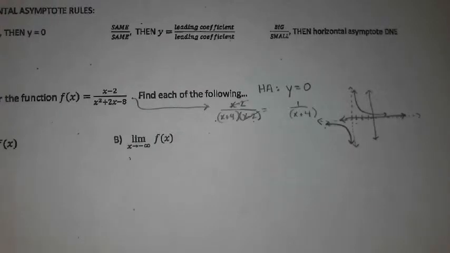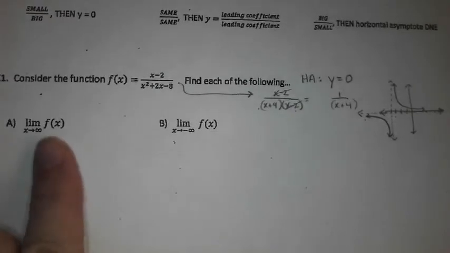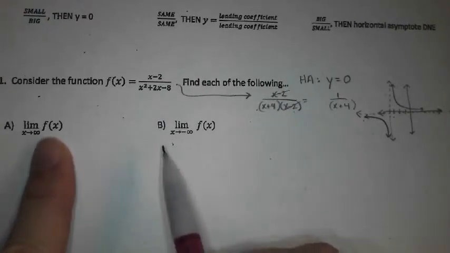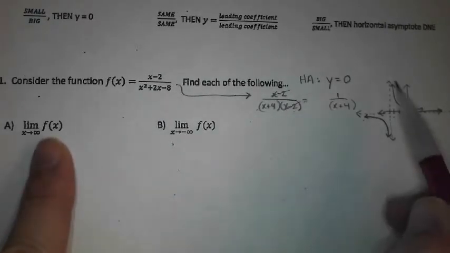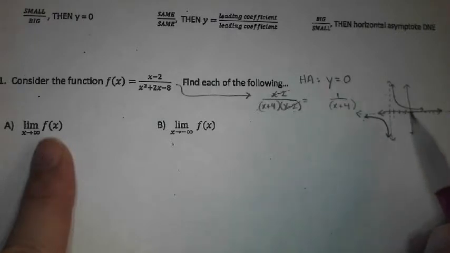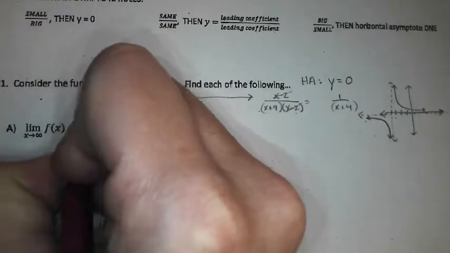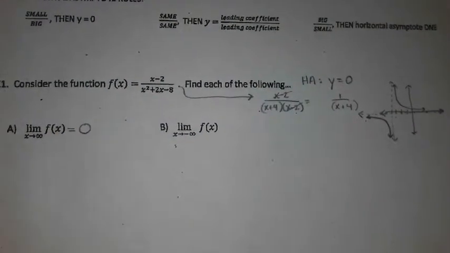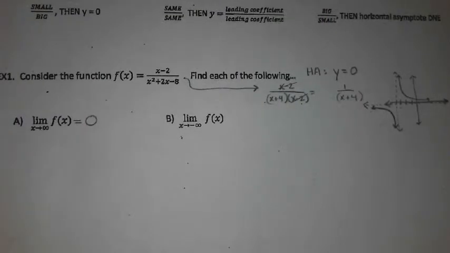And so as we approach infinity, see, we're not approaching the vertical asymptote anymore. We're approaching infinity. So as I trace along this graph going towards infinity, this value is getting closer and closer to that horizontal asymptote of 0. So that limit is 0. And the same is true as I approach negative infinity.